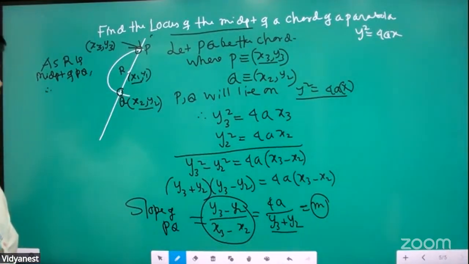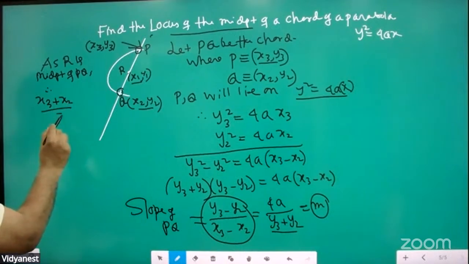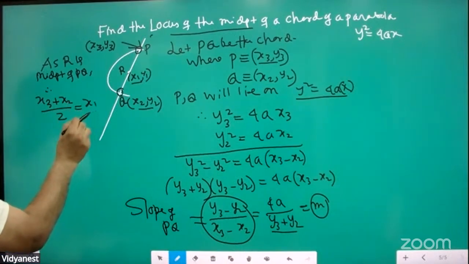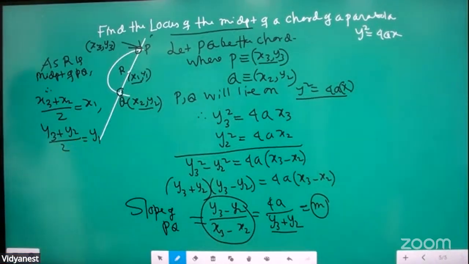Therefore, x3 plus x2 by 2 is x1, and y3 plus y2 by 2 is equal to y1. Could you follow? Yes, sir.